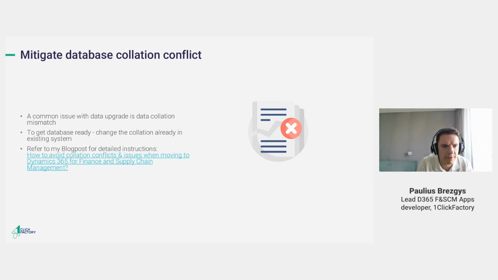I have written a blog post with detailed instructions and a description of the issue, so you can find it on the One Click Factory website. The blog post was released last summer, summer 2020. And I have also included the link here in the slide deck for that blog post.